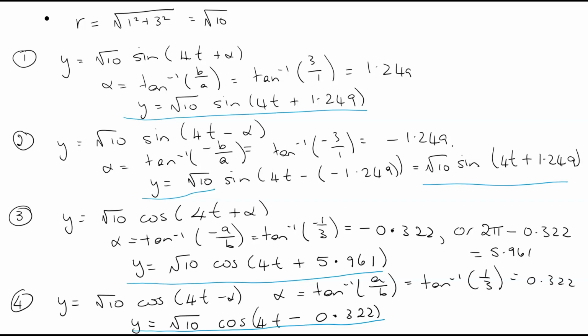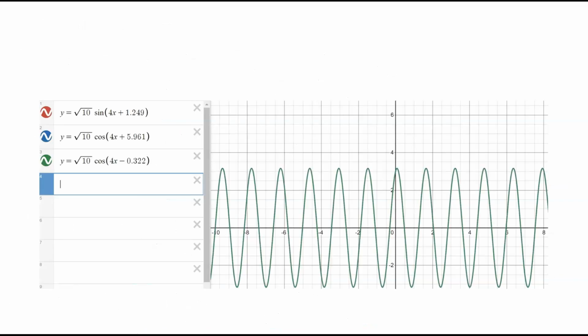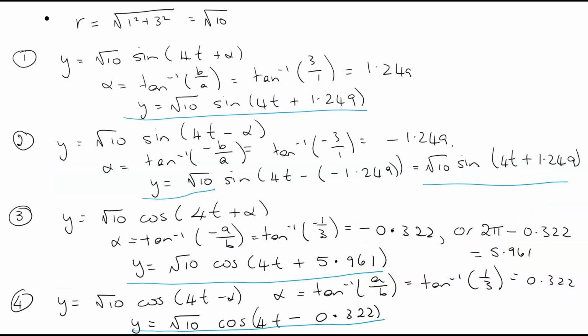I used Desmos for the next slide, and bearing in mind that 2 of them were the same, there were 2 versions of the first one that ended up the same, you can see there that each of those graphs is on top of the others, so that clearly shows that all of them are the same thing. We are just writing them in a different manner, and the reason that we write them in different manners is the different tan inverses.